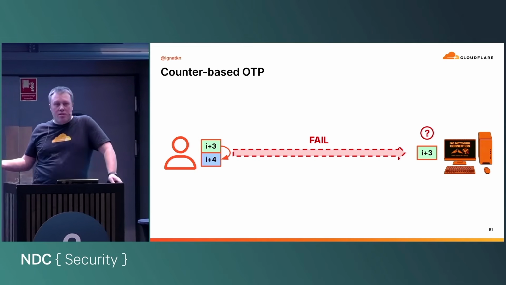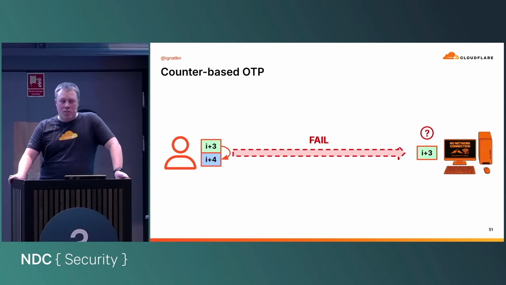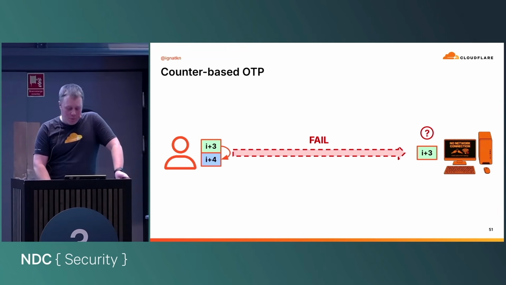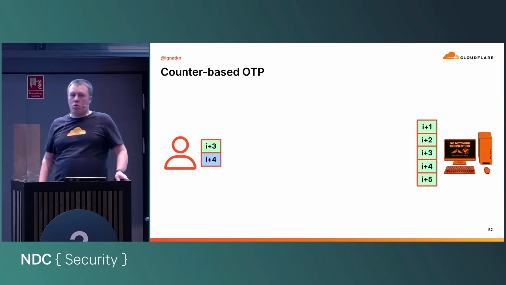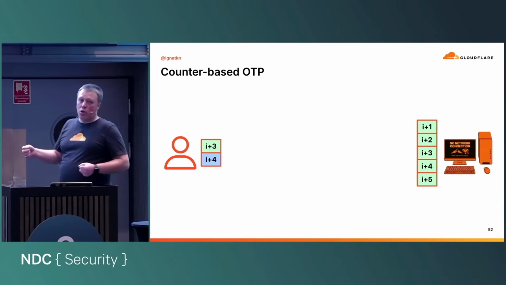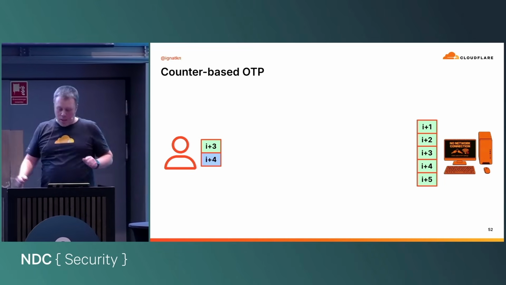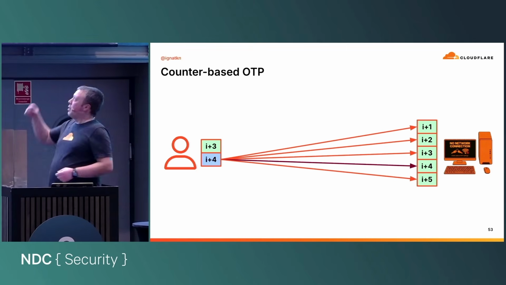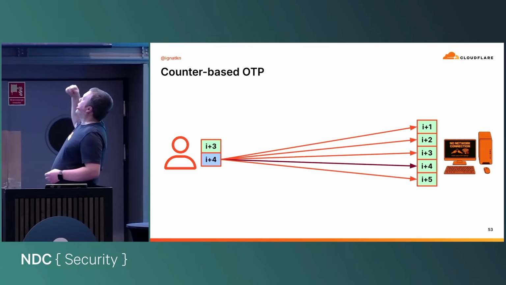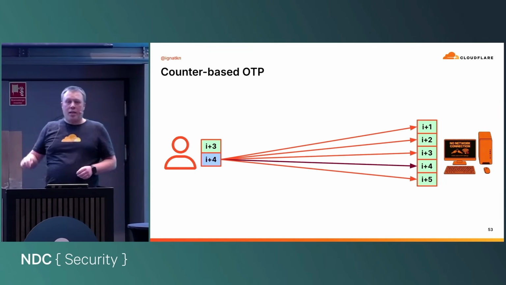So what can the server do in this case? It can use a counter synchronization scheme. Instead of producing one OTP, the server produces a window of potential OTPs within a range, like counter 1, 2, 3, 4, 5. When the user actually sends an OTP, the server can verify each one of them and detect that what the user sent matches counter number 4.